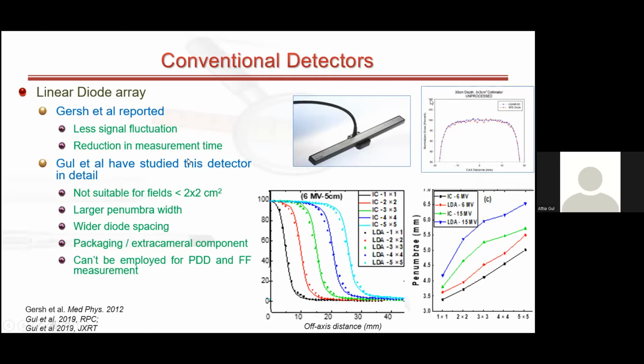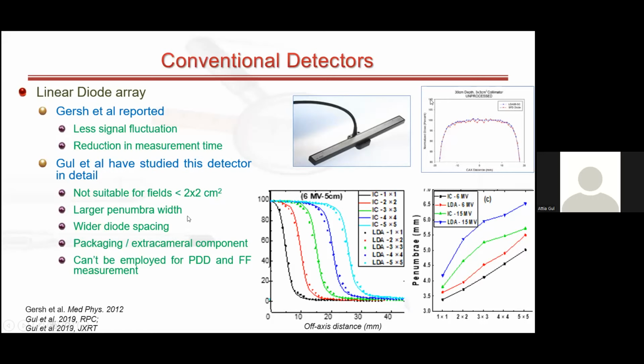We have also studied this detector in detail and covered some areas that were not reported in George's study. And we have found that this detector is not suitable for field sizes smaller than 2 by 2 centimeters square. It also shows a larger penumbra width because it has wider diode spacing. Although the diode is very small in size, the space between two diodes in this array is large enough, that is 5 mm.